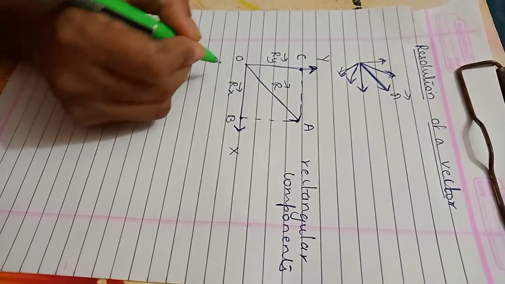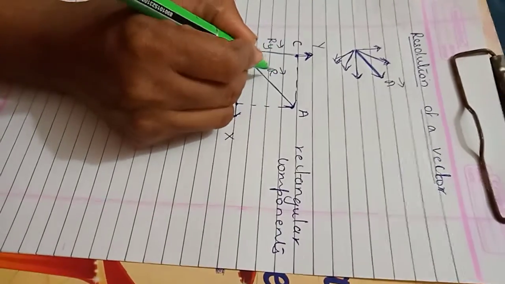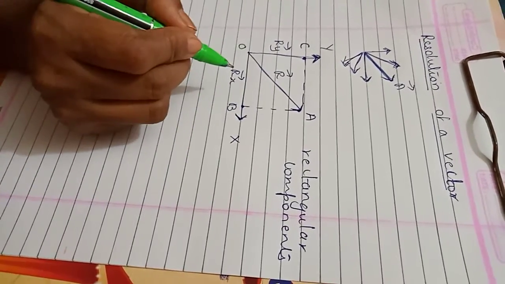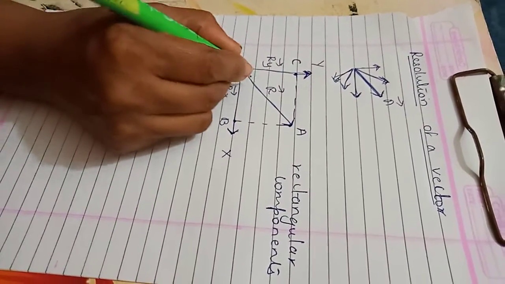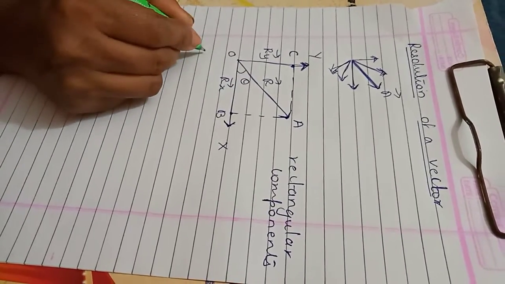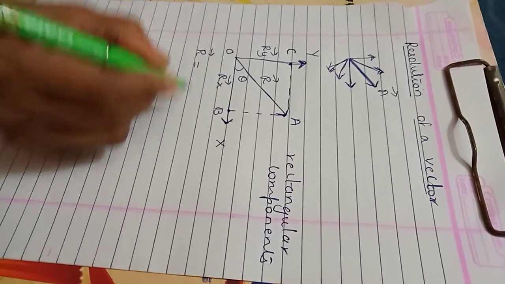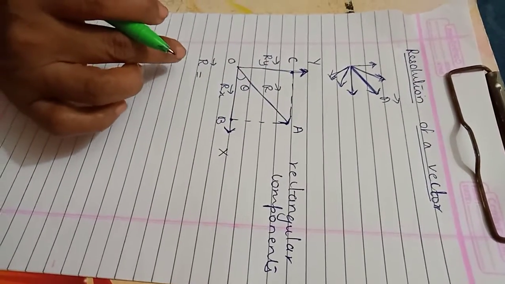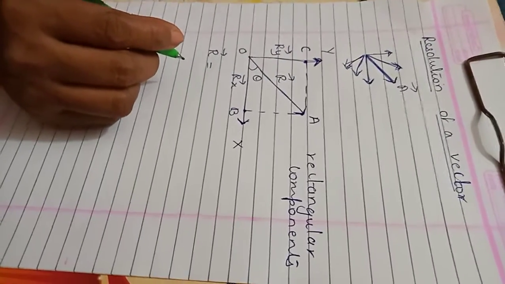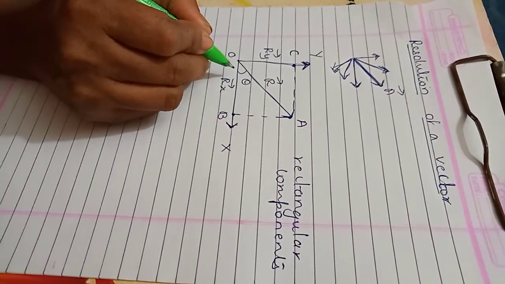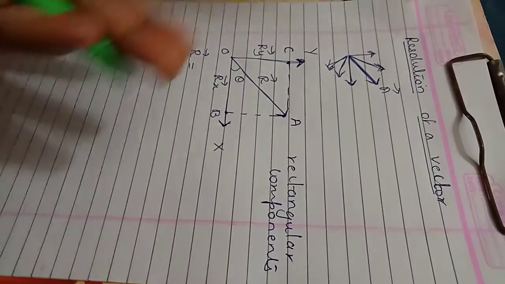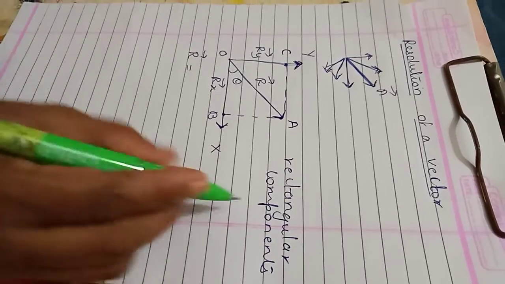Then this vector Rx and vector Ry are the rectangular components of the given vector, because you are aware that x and y axis are mutually perpendicular to each other. Let the vector R make an angle theta with the x-axis. Then how do you represent a vector, students? Vector R, from the law of triangle of vectors, or to be very clear and precise, from the law of parallelogram of vectors, because you know that in a parallelogram, if the angles are 90 degree, then it forms a rectangle, isn't it?